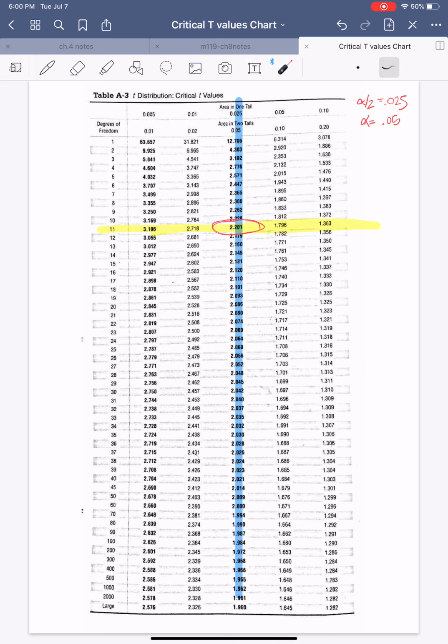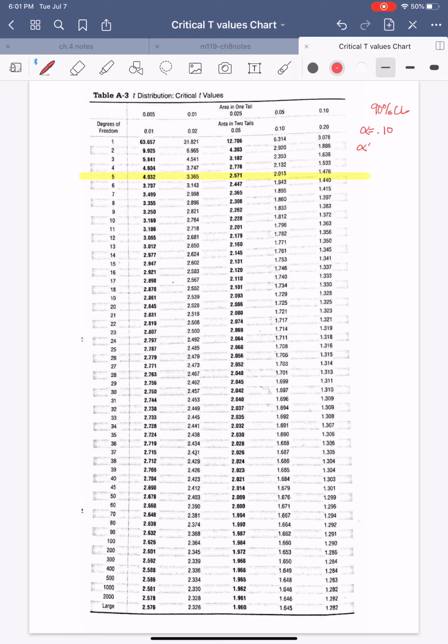Your degree of freedom now is, so let's erase all this so it doesn't get confused. You have 6 data. Now you are dealing with 5 because n minus 1. And your alpha value, so it was a 90% confidence level, right? So alpha value is 0.10.